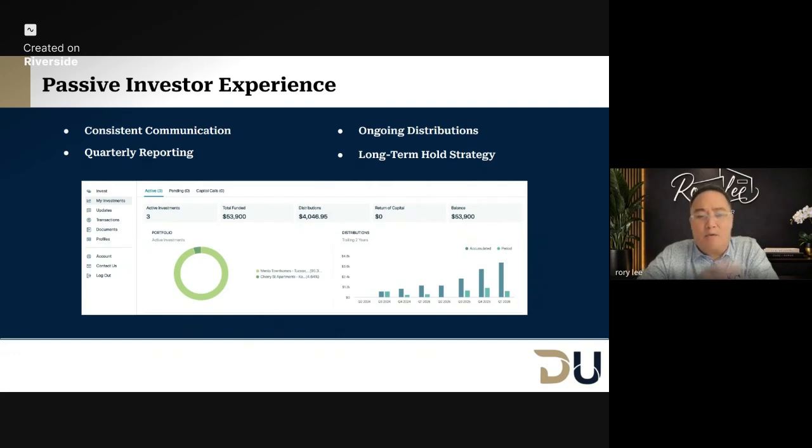If you go back to the slide that Hayden was showing earlier about all the responsibilities of the general partner, it's quite a lot. I started analyzing deals and trying to find multifamily apartments, and it was so overwhelming, and there was no way that I could do this by myself.